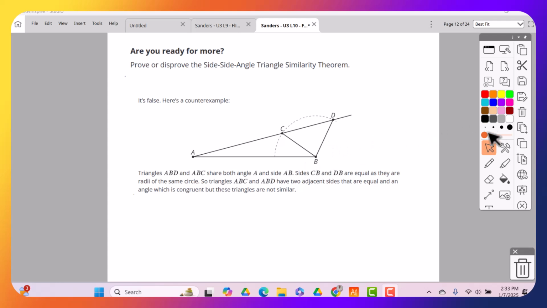You can see that, and we can mark that this is congruent to this. Triangles ABC and ABD have two adjacent sides that are equal and an angle which is congruent, but these triangles are not similar.